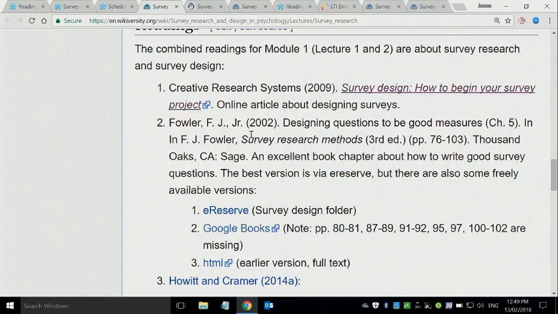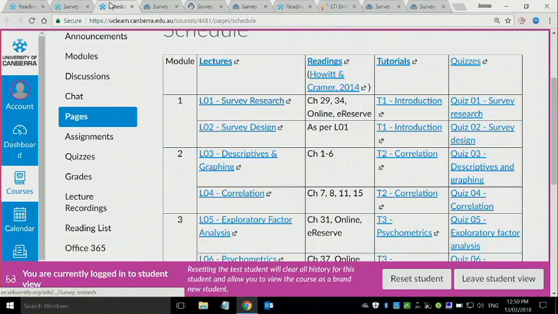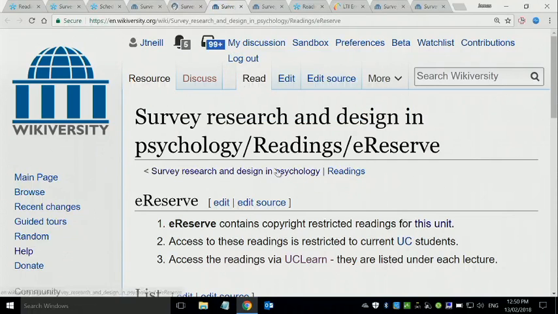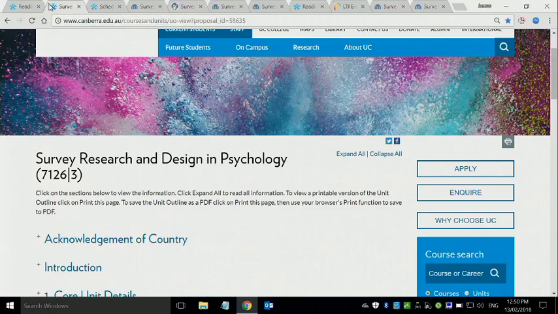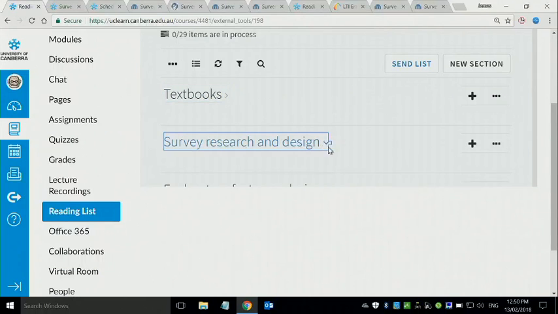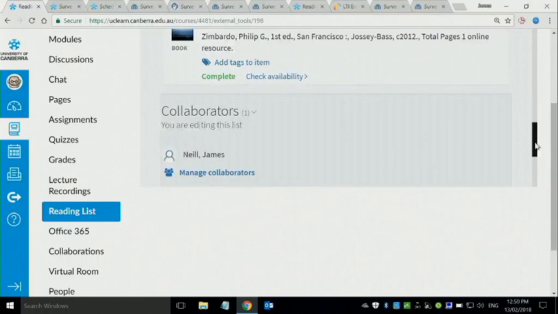A reading like this, Fowler, is found in the eReserve survey design folder. I think they still call it that. Yeah, it might be renamed. So there's no direct link there. You would go back here and look in the reading list tab, under survey research and design.